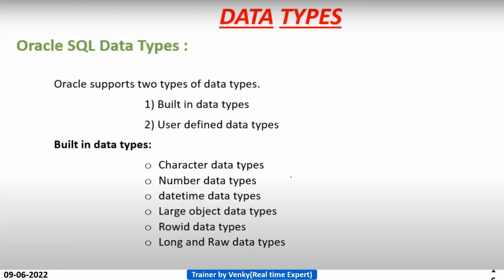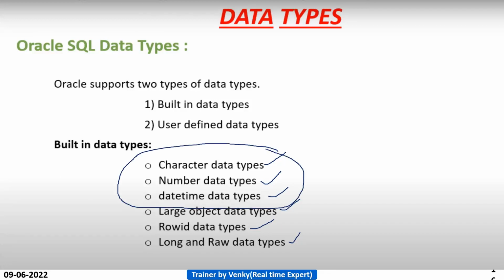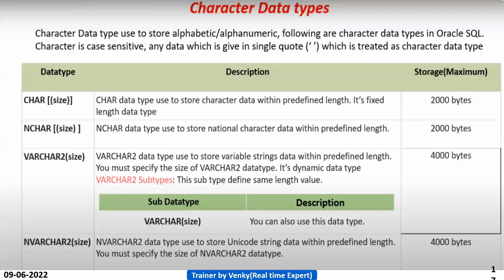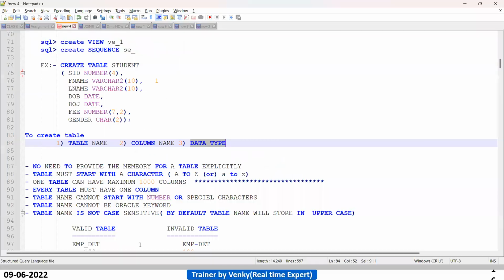These all are the data types: character, number, date time, large object, row ID, long. Mostly in real time, we use only these three; in rare cases we use the remaining three. We will discuss them one by one from tomorrow onwards.